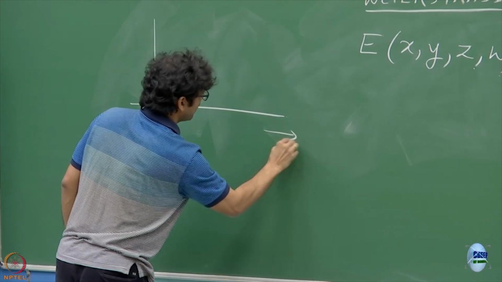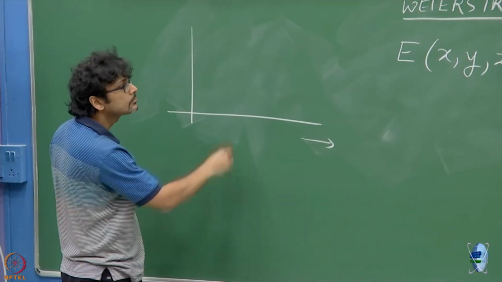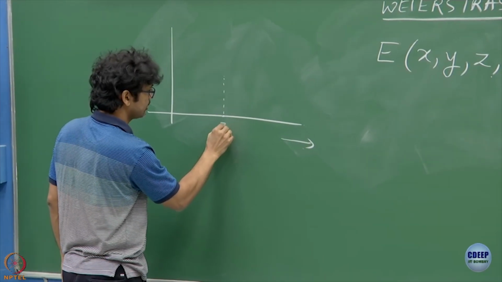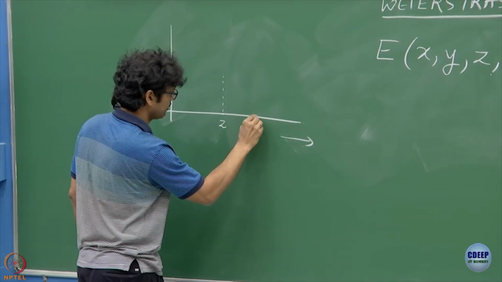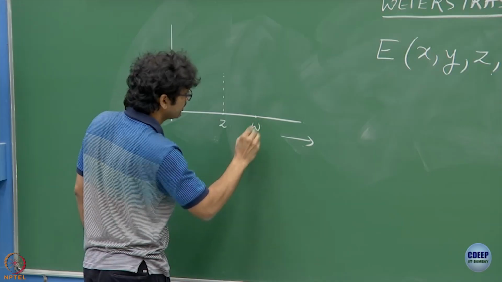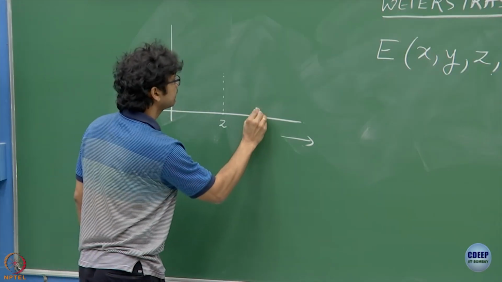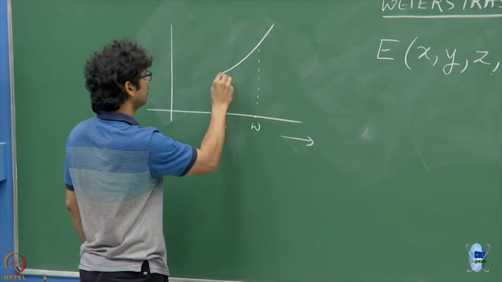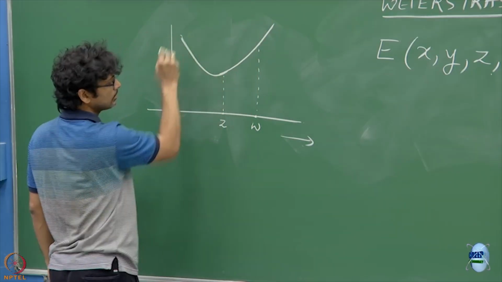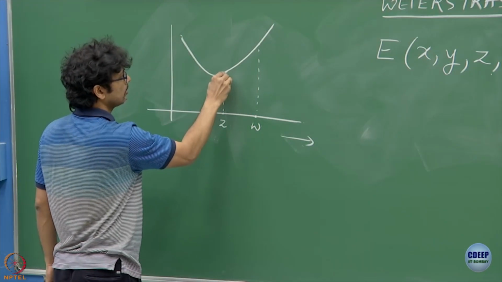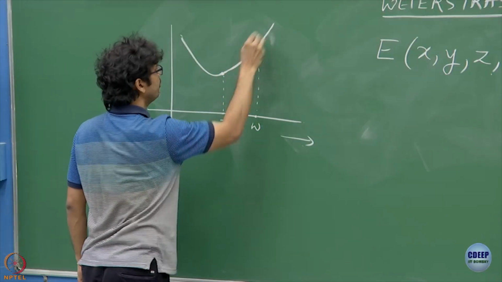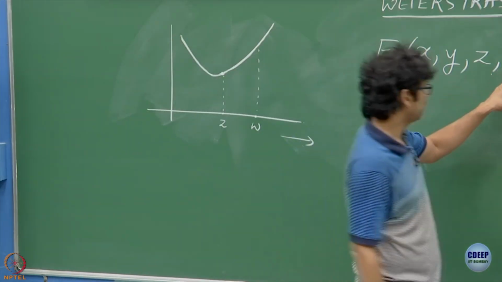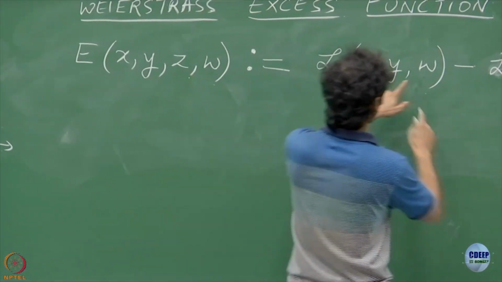If you think of this axis, suppose this is the point z and this is the point w. So this is probably the way in which it can be viewed, subject to your different choices of this third argument here.